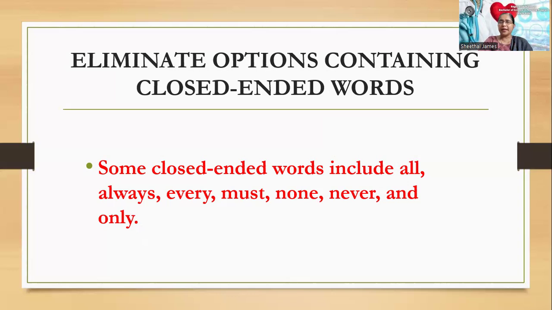Usually, your NCLEX RN questions will be related to the general or the common rules. Okay, then options containing words like generally, commonly, usually can be right answers. So you can eliminate options containing such closed-ended words.